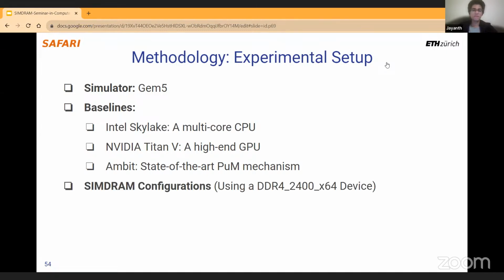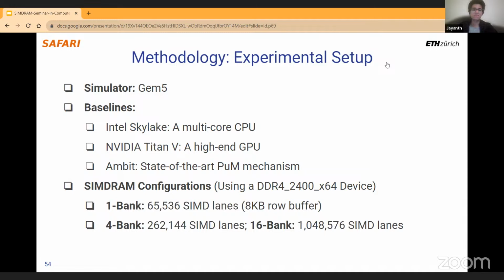And furthermore, the paper tests 3 configurations of SIMDRAM on 1 bank, 4 banks, and 16 banks. And each of these configurations provides different levels of SIMD parallelism, which are shown here. And for energy analysis, a tool called CACTI is used.